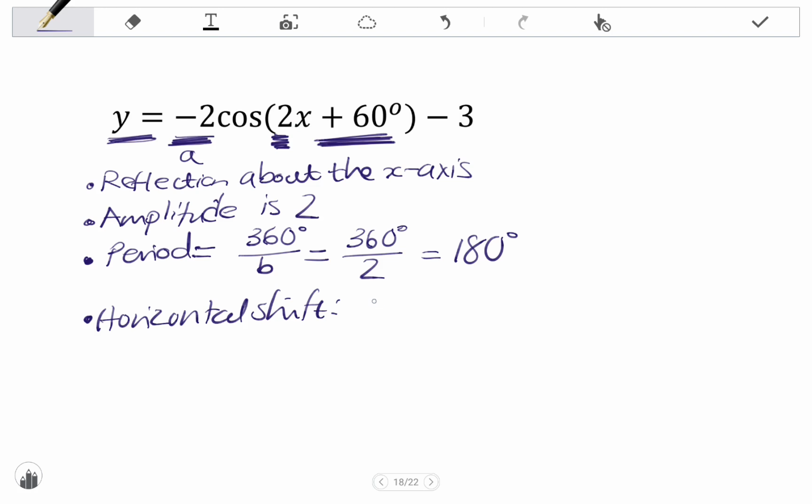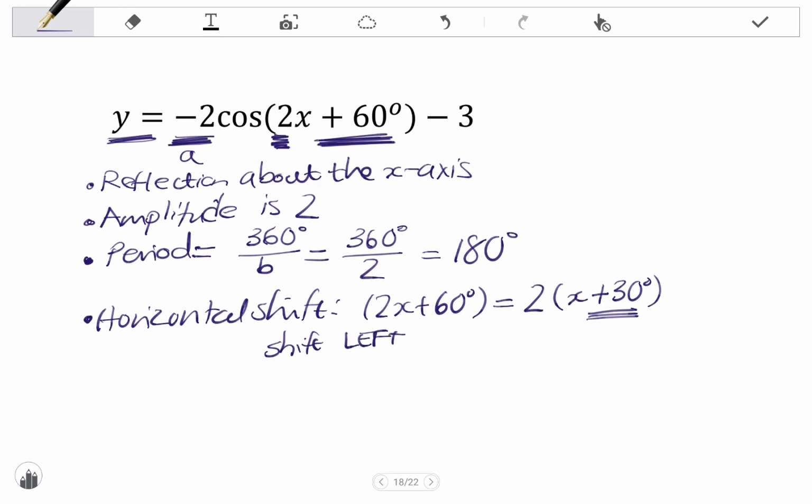So if I have 2x plus 60 degrees in the brackets, I must factorize out the coefficient of x. So I'm left with x plus 30 degrees in brackets, and that 30 degrees tells us our horizontal shift. Now it is positive 30, so we are shifting to the left by 30 degrees.